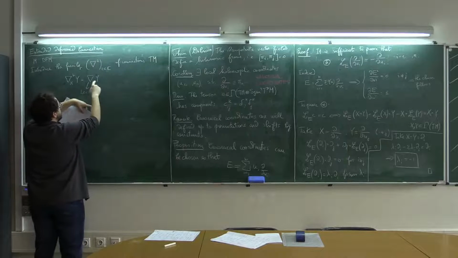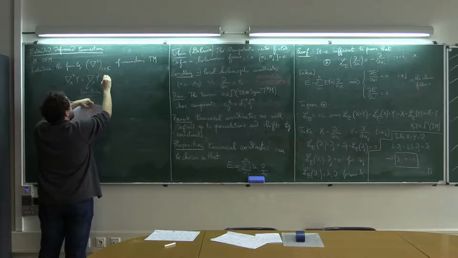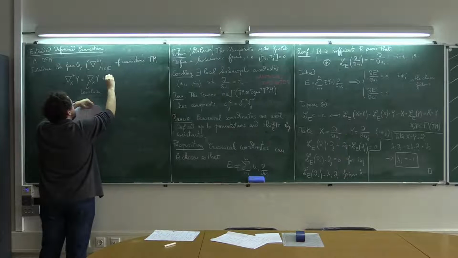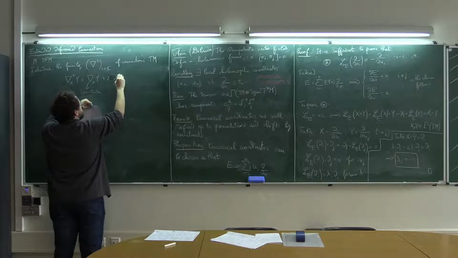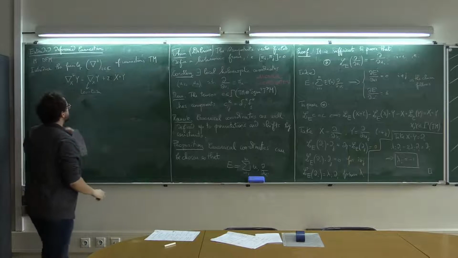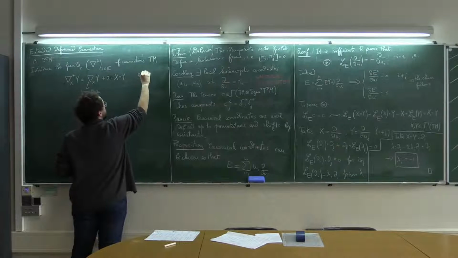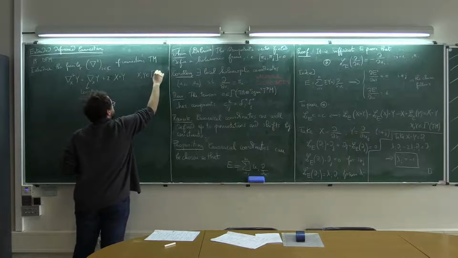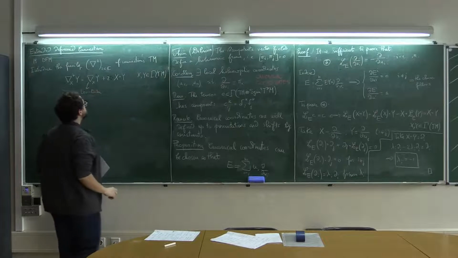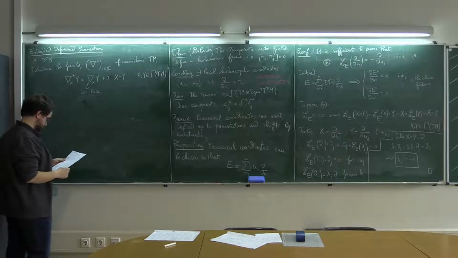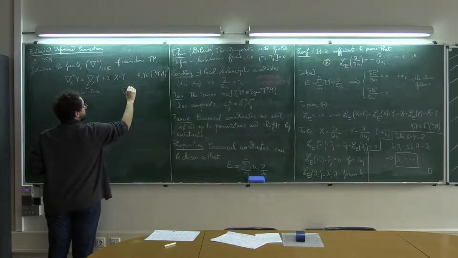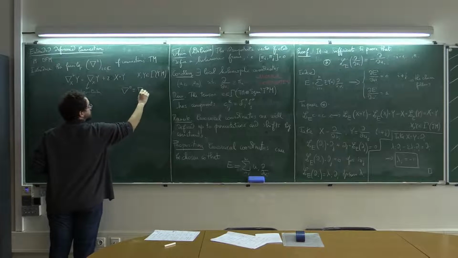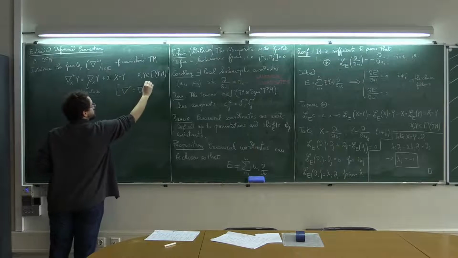So this connection is a deformation of the Levi-Civita connection, and the way in which I deform is by adding a scalar multiple of the product of the two vector fields. So here x and y are vector fields. In particular, D0 coincides with the Levi-Civita connection.